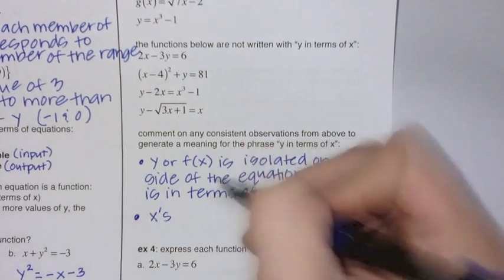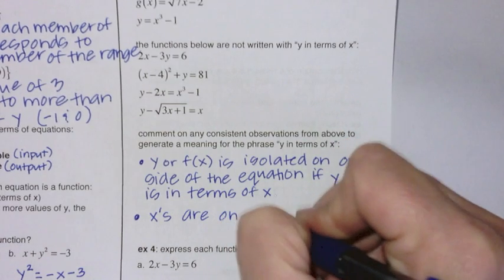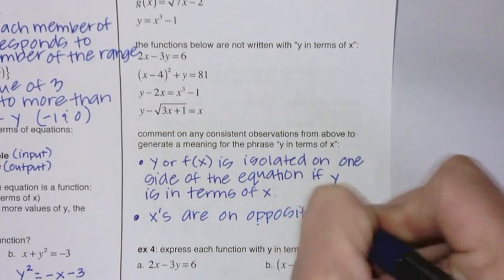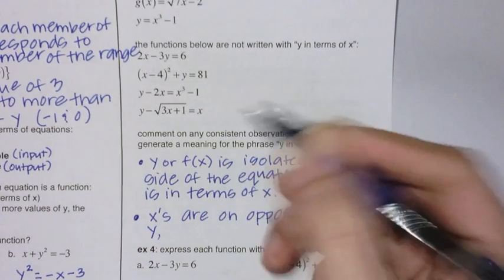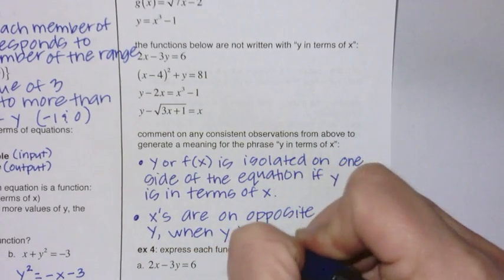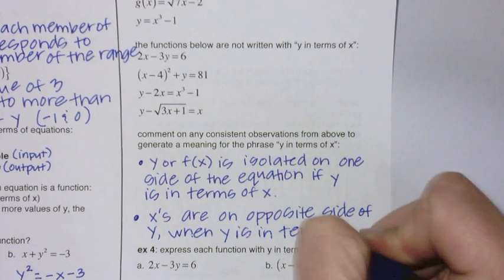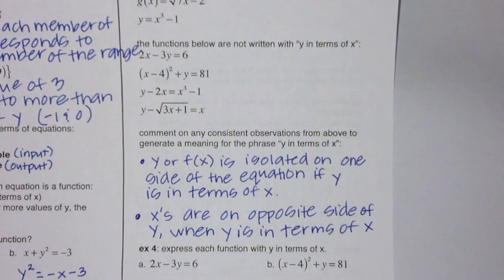You can say the x's are on the opposite side of y when y is in terms of x. I mean, that makes sense. Terms of x are like 2x squared, 3x. So y in terms of x would mean you have y equal to all these x terms.